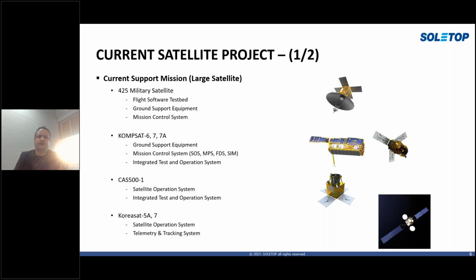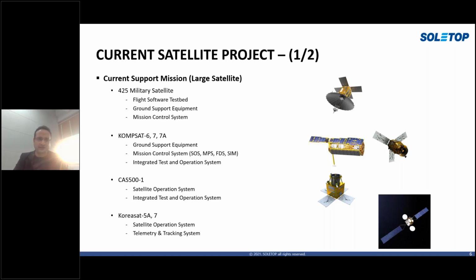And given the fact that even me, being an engineer and a project manager in Soletop, I have always witnessed amazing talent here, and got to know some of the very important concepts of flight dynamics overall. And that founded a basic interest and foundation for the FreeFlyer being integrated into our systems and local customers here in Korea.